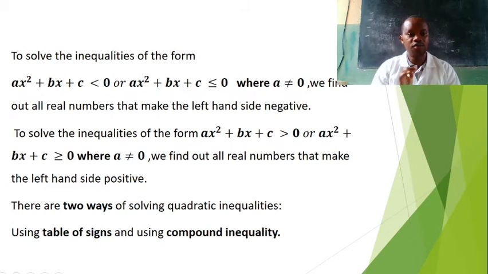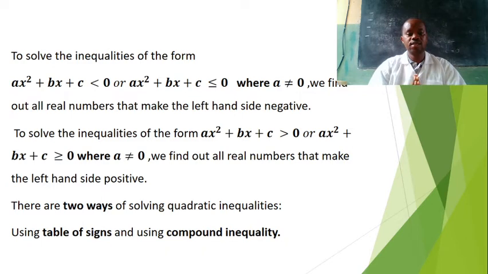To solve inequalities of the form ax squared plus bx plus c greater than 0, or greater than or equal to 0, where a is different from 0, we find all real numbers that make the left hand side positive.